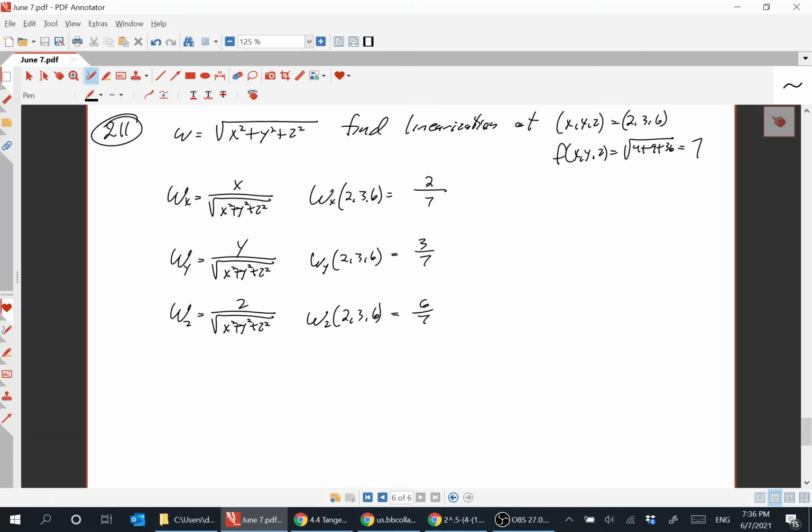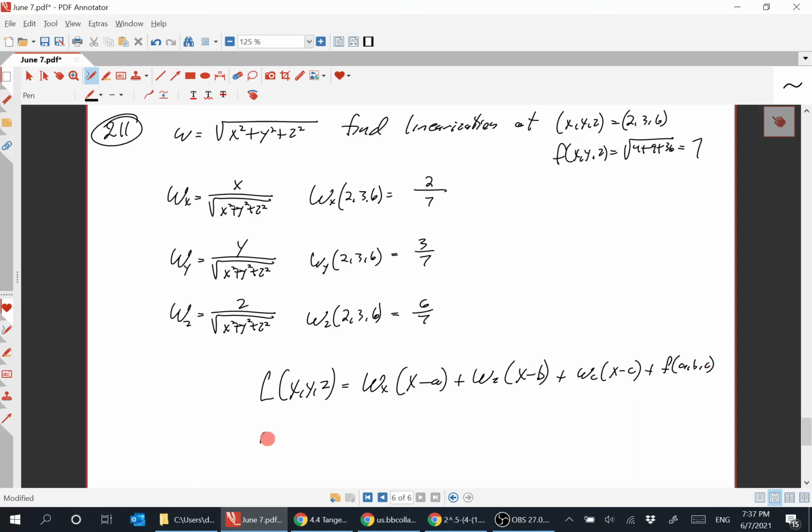And the idea for the linearization L of a 3-variable function, so it's a 3-variable linear approximation, is wx times (x minus a) plus wy times (y minus b) plus wz times (z minus c) plus f of (a, b, c), which is 7 in this case.